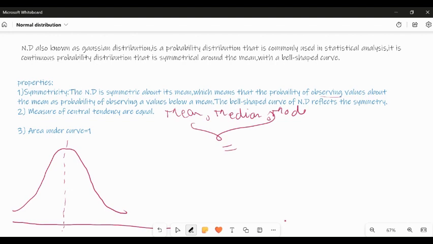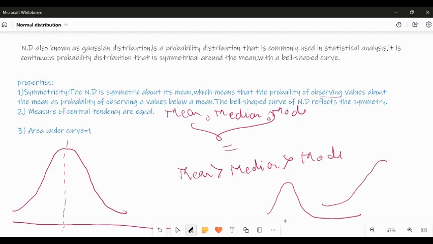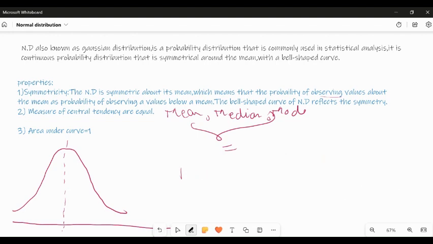Based on that, the mean, median, and mode will be affected. The mean will be greater than the median in a positively skewed distribution, and the reverse in a negatively skewed one. So something like this is positively skewed, this is negatively skewed. At that moment the central tendency will not be equal as in a normal distribution.